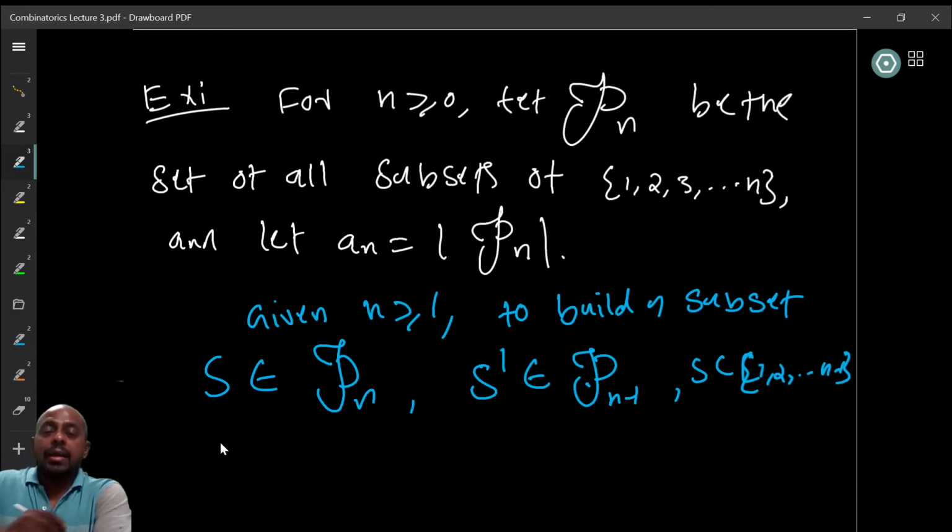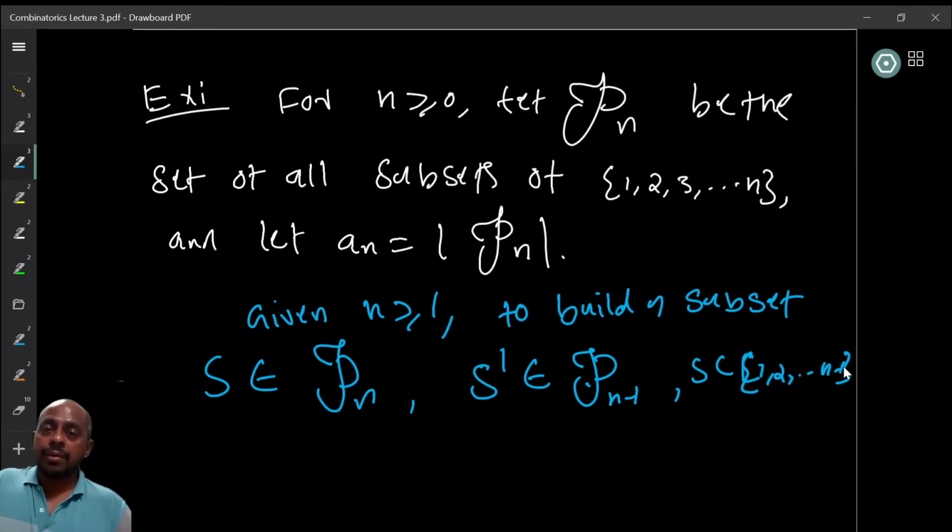Then we select the element n and say that now I have two choices. One is to add n to this set S dash to construct a subset of P_n, or I don't add it, I just keep it as it is. So there are these two choices. This way I can create all possible subsets of P_n, because I take all the subsets of 1 to n minus 1 and then I add n or I don't add n.